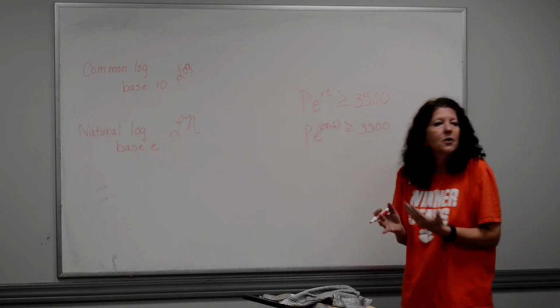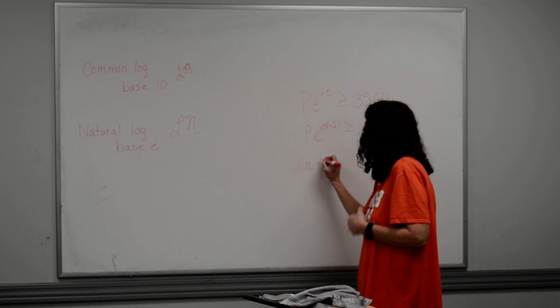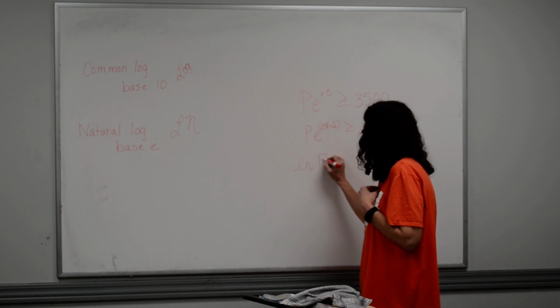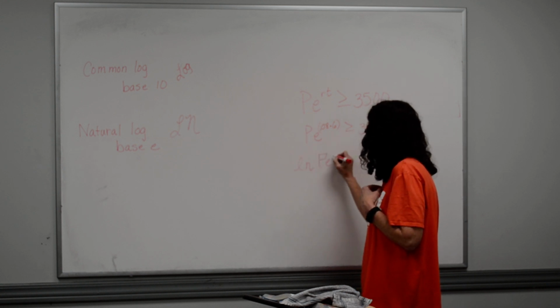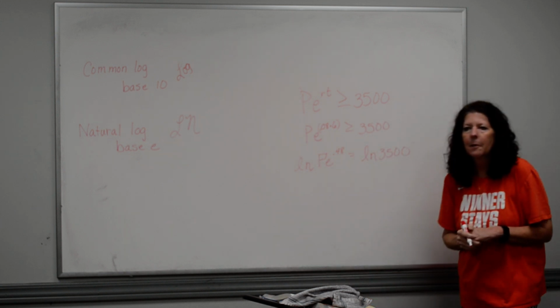What you do to one side, you can do to the other side. So they took the natural log of this side, and I'm going to put an equal sign there. Okay, they did that much.